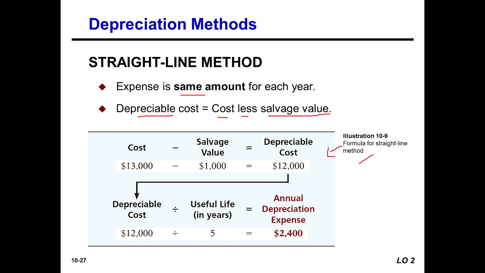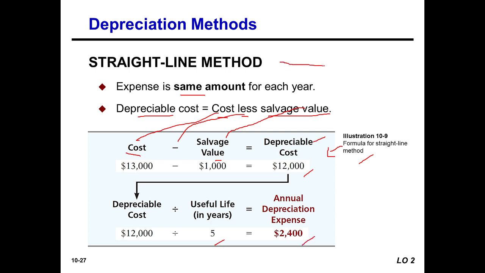According to the question, we have cost $13,000, less salvage value $1,000, so the depreciable cost is $12,000. Then depreciable cost $12,000 divided by useful life, 5 years according to the question, gives annual depreciation expense of 2,400.